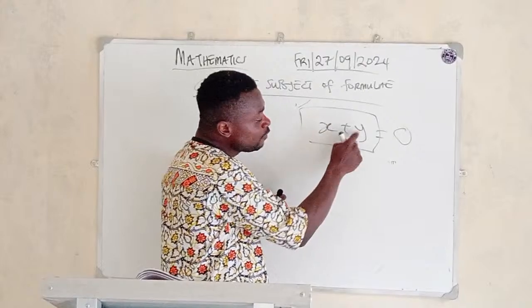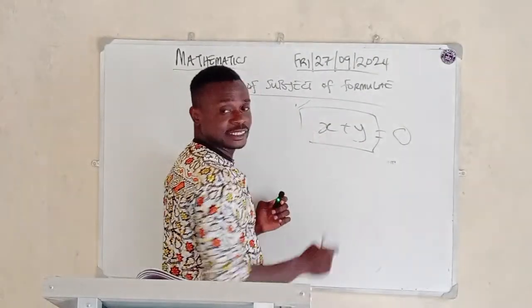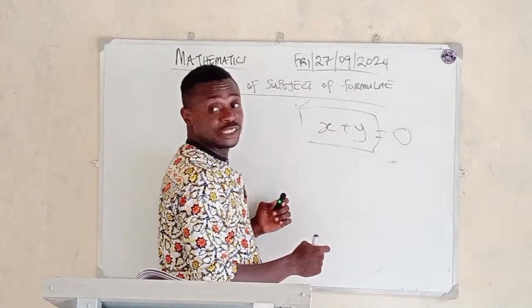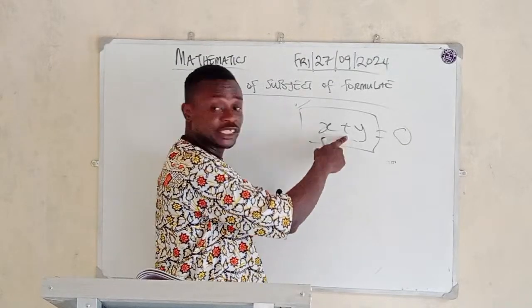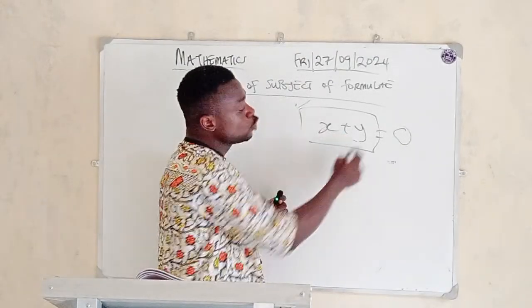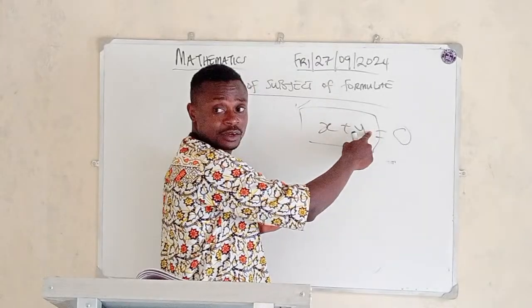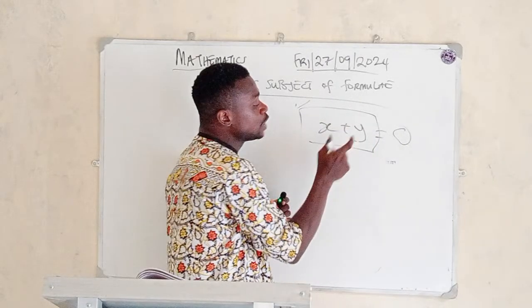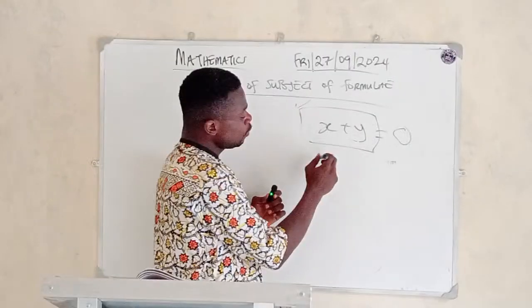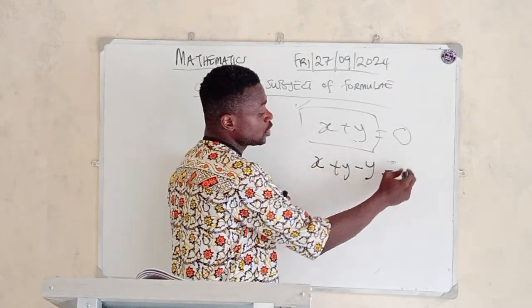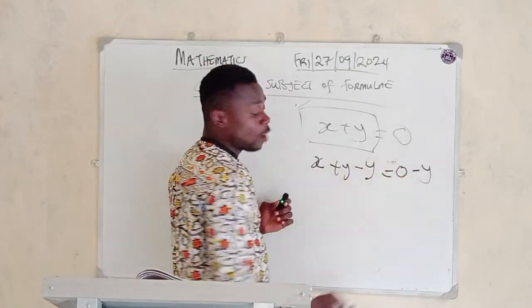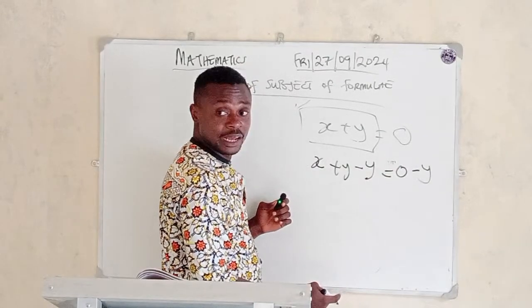So for you to free x from y, you introduce an operation that will be opposite of what is here. So you introduce minus y here, but you do it on both sides. So you do x plus y minus y is equal to 0 minus y. Are we together?